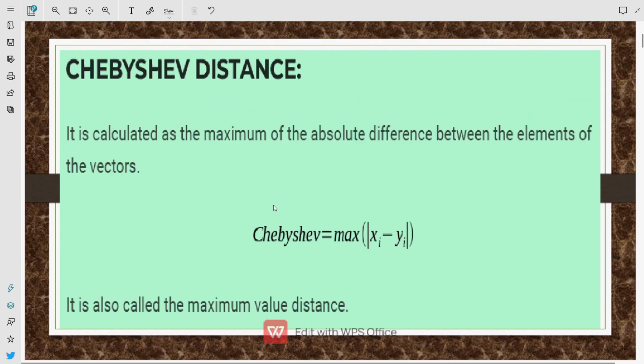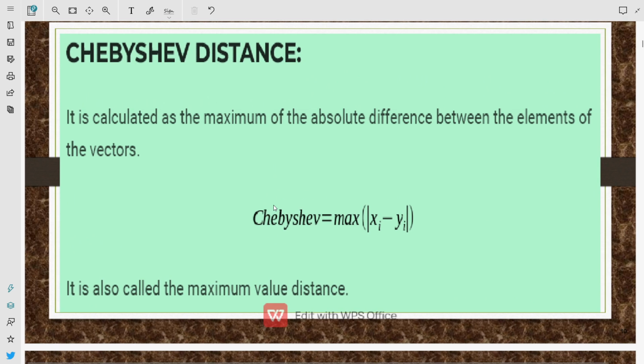And then the third distance measure is the Chebyshev distance. Okay, this is the Chebyshev distance. It is calculated as the maximum of the absolute difference between the elements of the vector. We are going to find the absolute difference between the points, and among those absolute differences, the Chebyshev distance is the maximum. Please make a note that Chebyshev distance is nothing but the maximum of the absolute differences between the elements of the vectors.